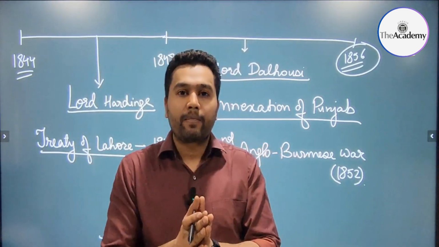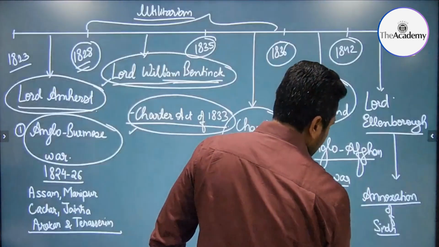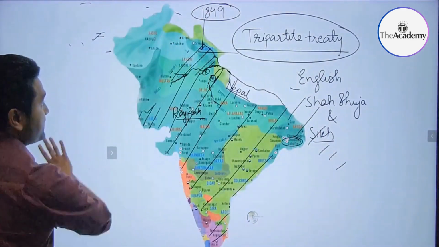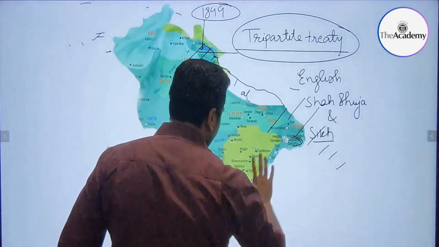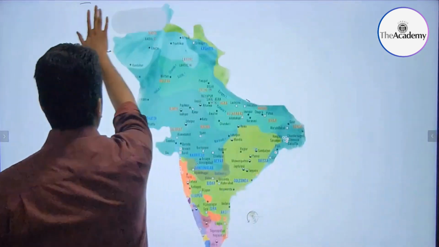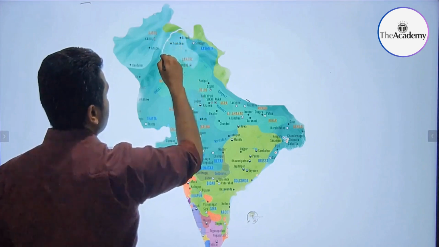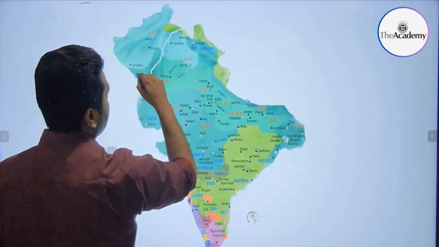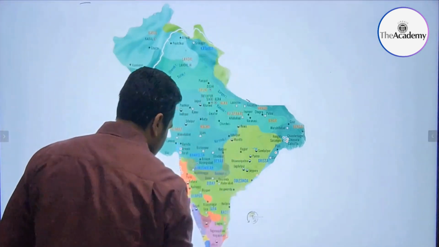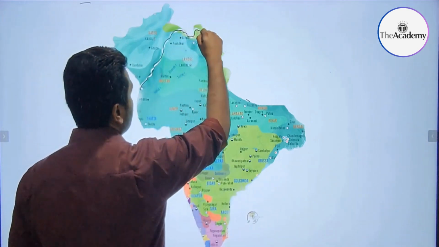So in this way, by the time period of Lord Dalhousie, the British had been able to establish not only a frontier on the northwest, they were also able to consolidate their rule. So if these are the mountain ranges, the Suleiman and the Kirthar ranges, and let's make use of the black pen, this is the Suleiman Kirthar ranges.